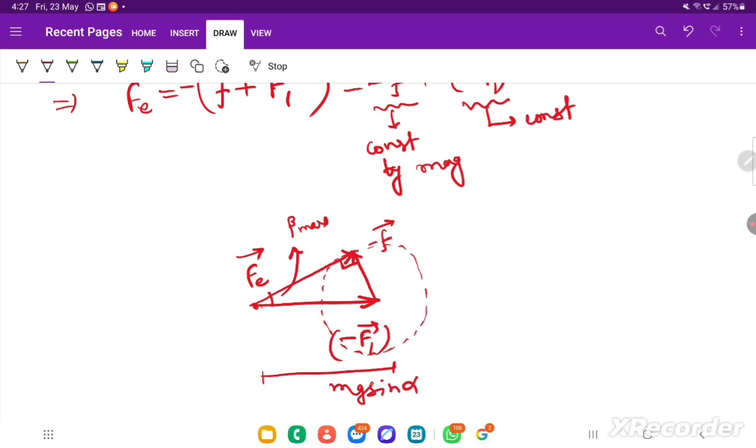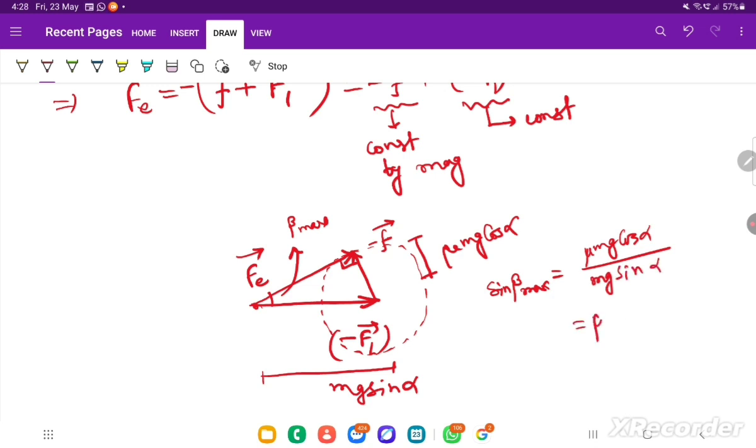So this length is mg sin alpha, and this length I forgot to show, this will be mu mg cos alpha. So from the triangle, using trigonometry, you can easily write that sine of beta max will be mu mg cos alpha upon mg sin alpha.